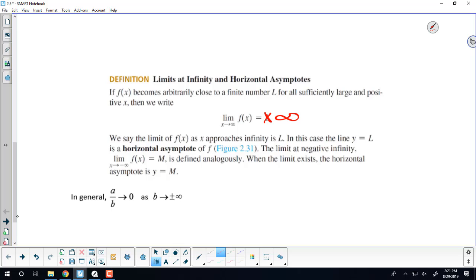We're saying that as x gets further and further out, the function values are getting closer and closer to this particular number. If your limit at infinity is finite, then what you're talking about is a horizontal asymptote. But either way, you're still talking about what's happening on the ends.